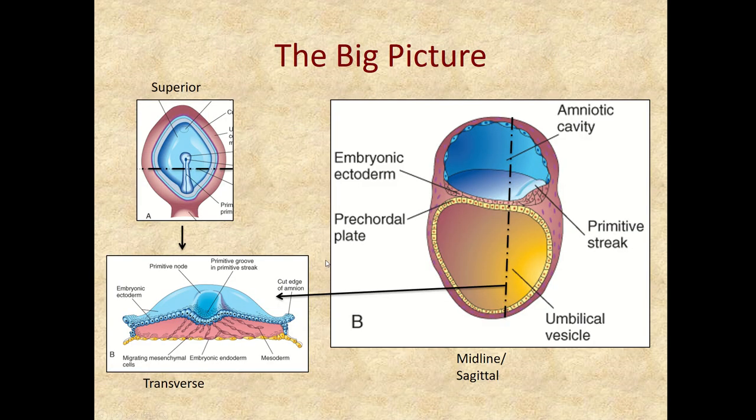And so the big picture here that I want you to be aware of is that here we had this bilaminar disc that was the developing embryo with the umbilical vesicle and the amniotic cavity being on both the ventral and dorsal aspect of this thin embryonic disc.